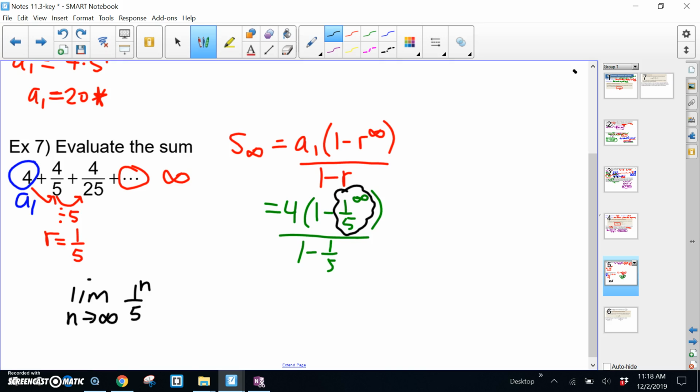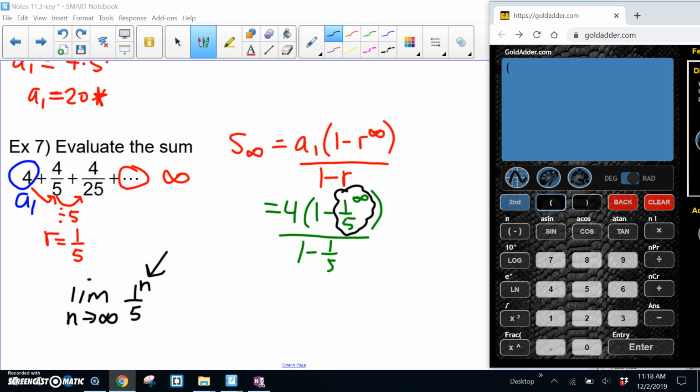Basically, imagine plugging in a really, really, really large number. So if I did 1/5 to the 5th power, all right, 0.0032. If I did 1/5 to the 8th power, okay, it's really small. It's getting smaller. 1/5 to the 10th power.